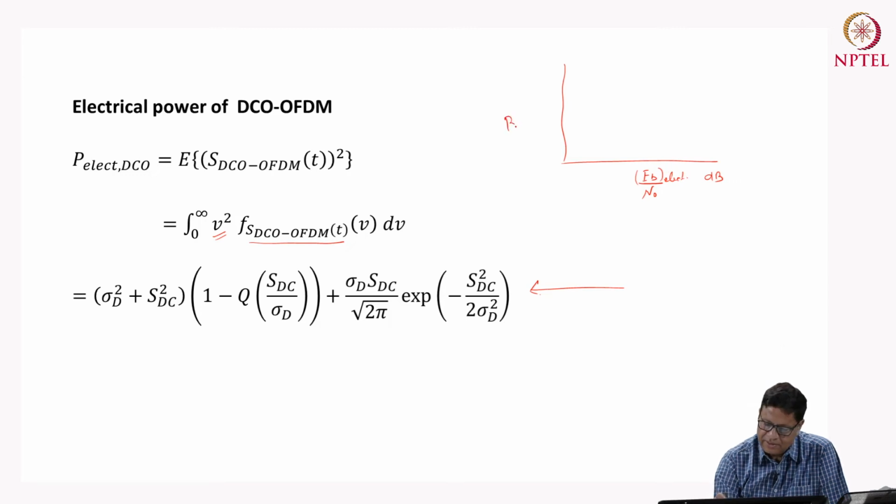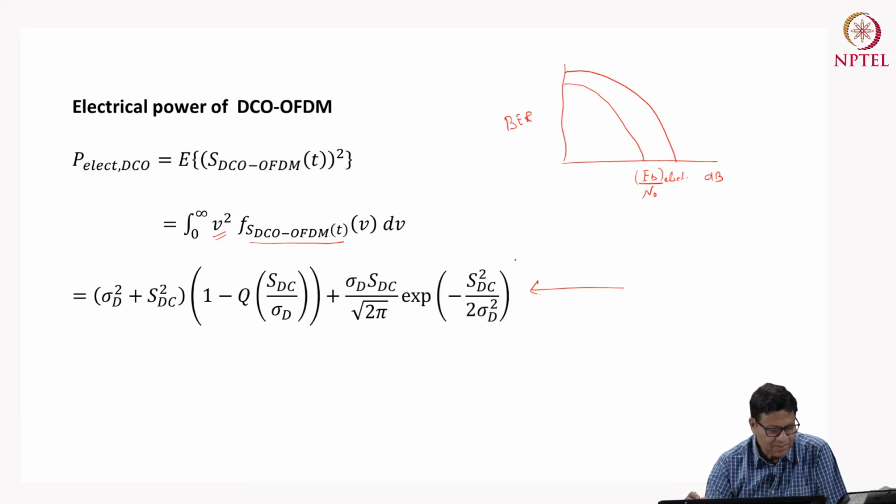And this can be plotted against BER, so you will get something like this, or for different QAM. So this is, for example, for DCO-OFDM, and this is 4 QAM as the mapping which is used, and the DC shift which is given is say 7 dB.